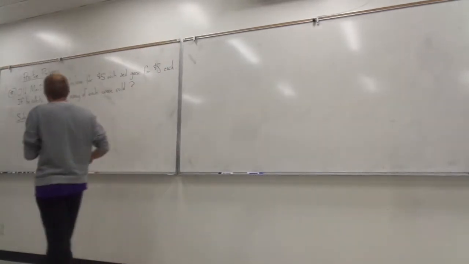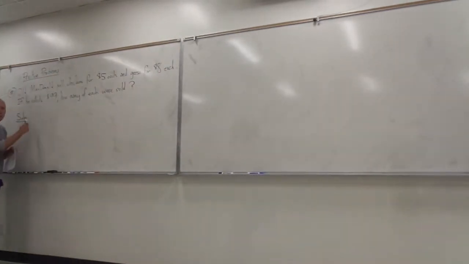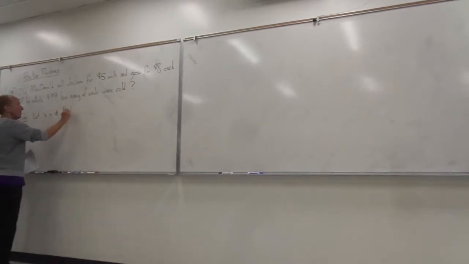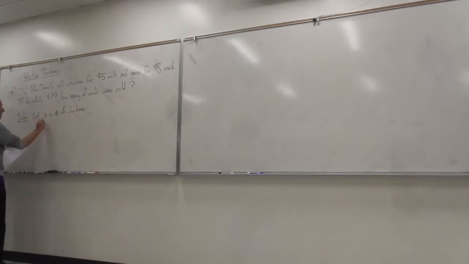So can somebody help me set up the equation? What would I need to establish here? So we can set up x and y as some variables for the numbers of chickens and geese, right? So let's let x equal the number of chickens, and then I'm going to let y equal the number of geese that were sold.